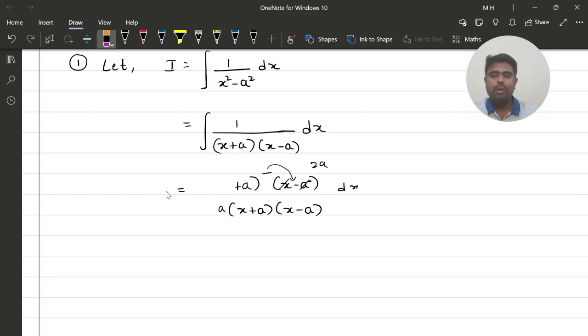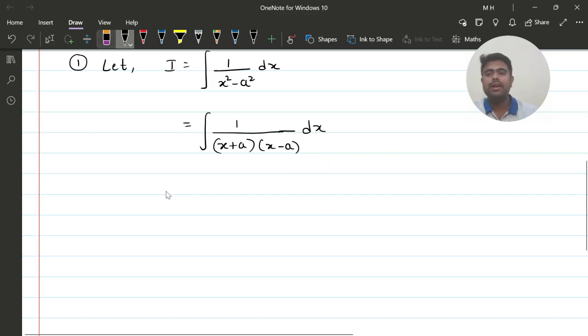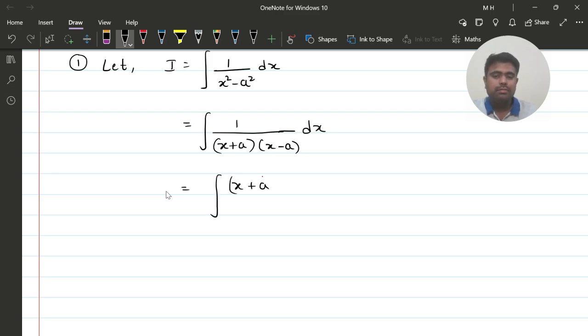So the denominator will not get complicated if I subtract x plus a and x minus a in the numerator. So basically what I will do now is x plus a minus x minus a in the numerator, whole divided by x plus a into x minus a dx.